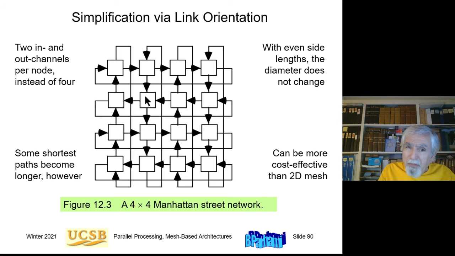But again, remember that because I have only 4 channels rather than 8 channels, 4 unidirectional channels as opposed to 8 unidirectional channels for each node, I can make the channels wider and therefore higher bandwidth. Okay, so experimental studies have shown that this performs very well on many applications compared to a regular torus.